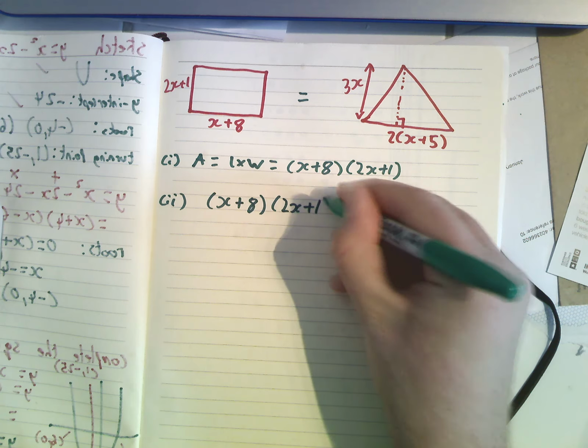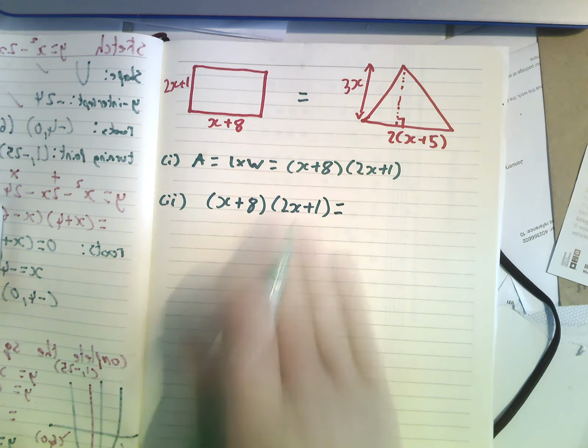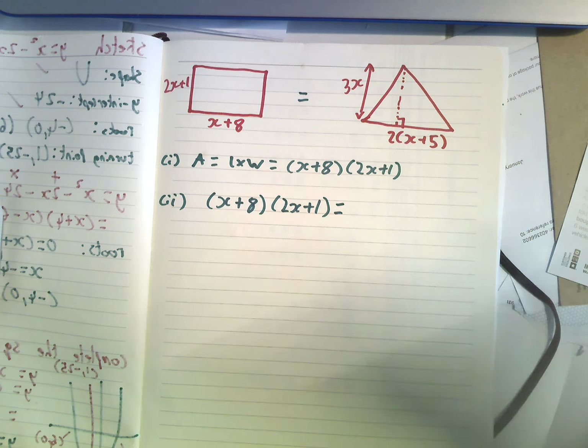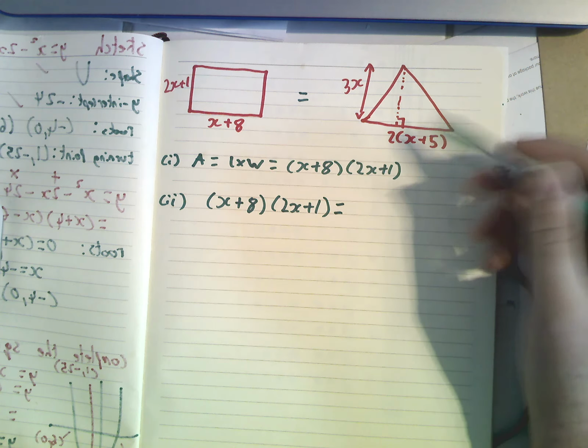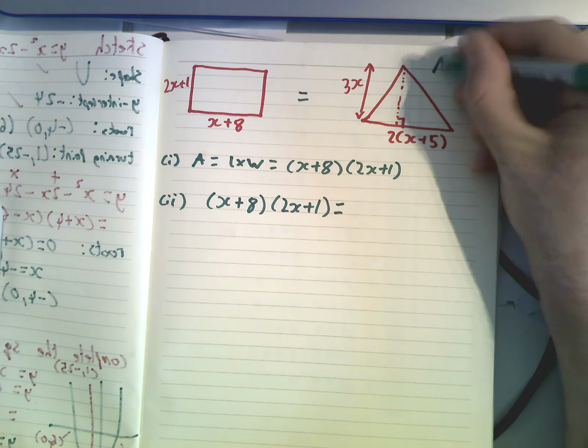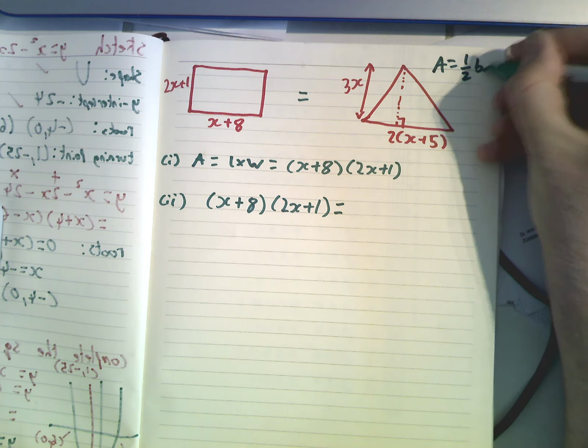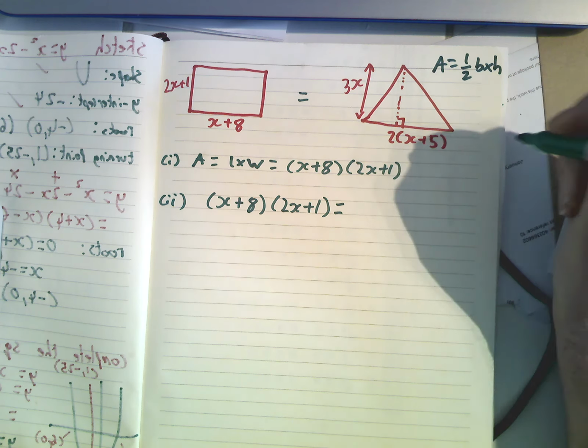Okay, so we already know what the area of the rectangle looks like, and we need to think about what the area of a triangle is. The area of a triangle is equal to half the base times the height.